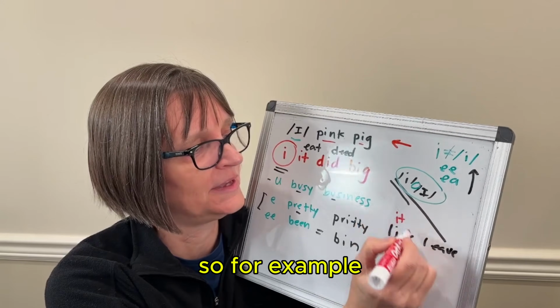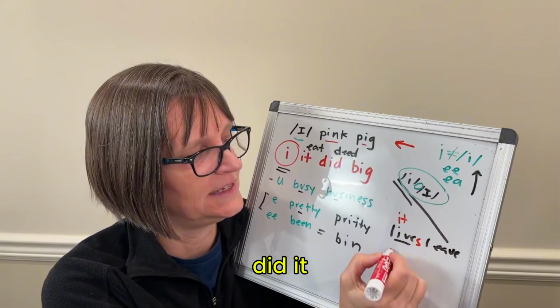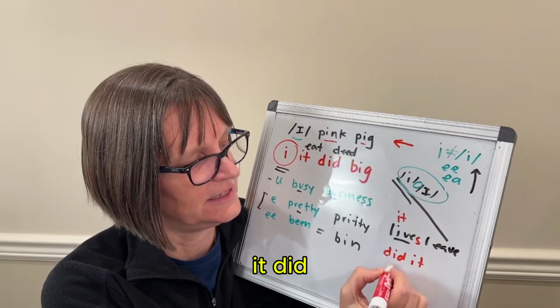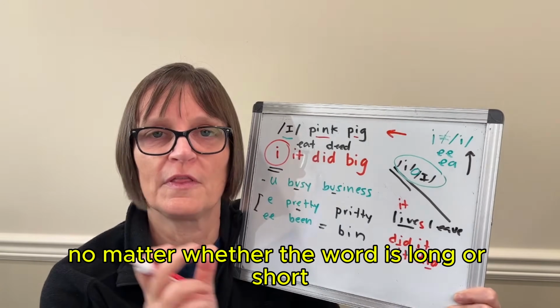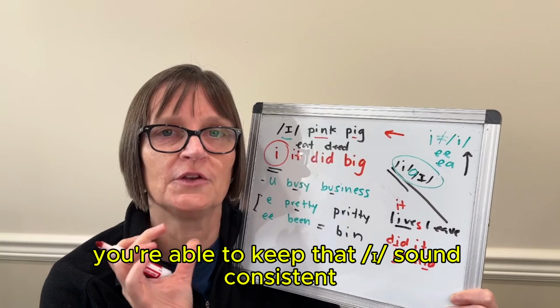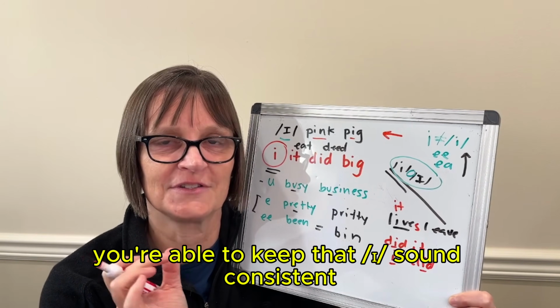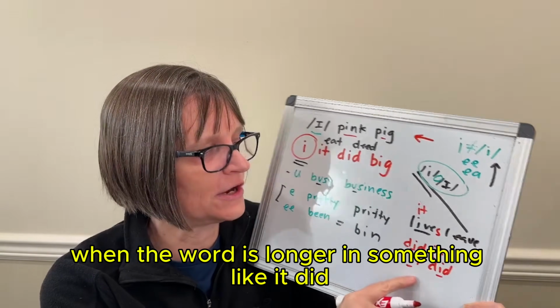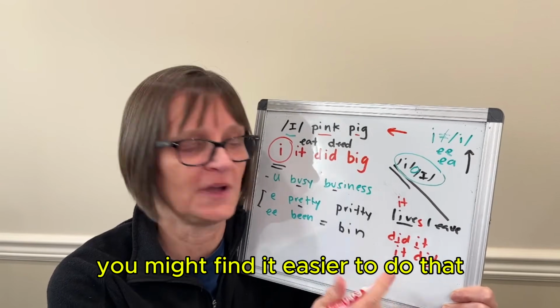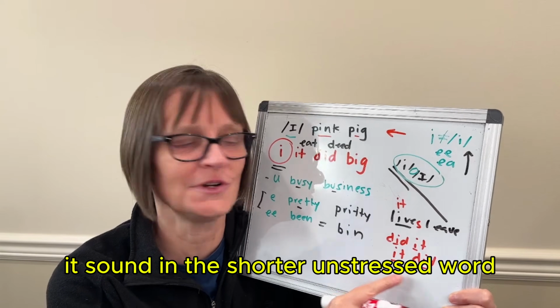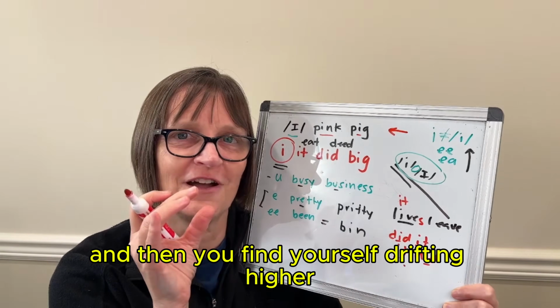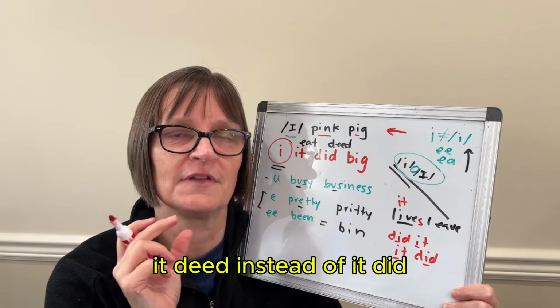So for example, it lives, it did, so that no matter whether the word is long or short, you're able to keep that I sound consistent. When the word is longer, in something like it did, you might find it easier to do that I sound in the shorter unstressed word, and then you find yourself drifting higher, it did instead of it did.